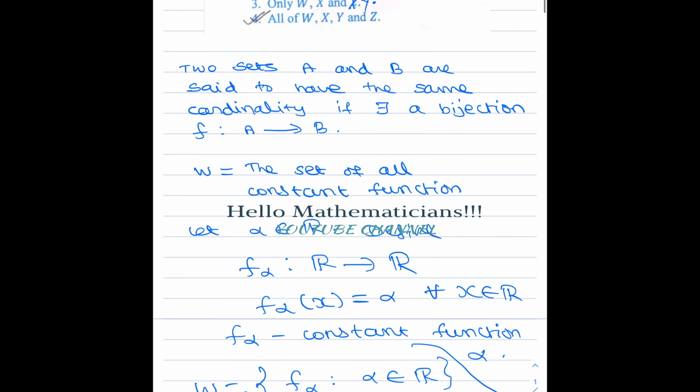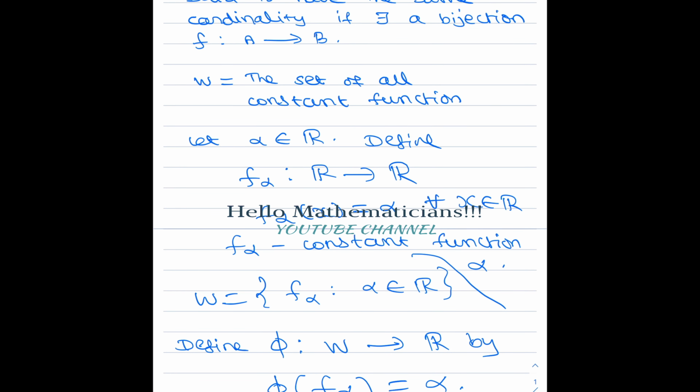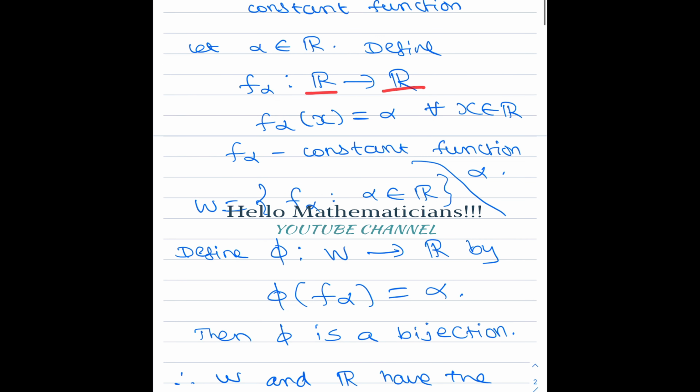Let's see what the bijection is. W is the set of all constant functions, so let's put some notation. I take an arbitrary alpha belonging to R. I define f alpha, the function corresponding to this number alpha from R to R, defined by f alpha of x equals alpha for all x belonging to R. So f alpha is nothing but the constant function alpha.